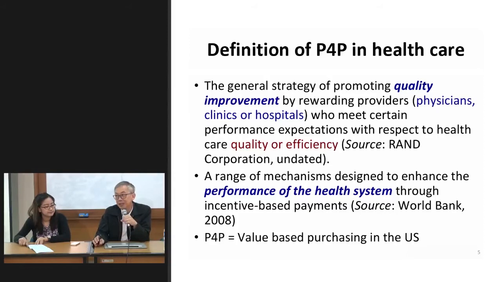And P4P is the mechanism of a purchaser intervening in the market and expecting the value from purchasing of healthcare. So these are the few of the definitions that may have different shades of meaning. It depends, or it may be interpreted differently within different contexts of health system.